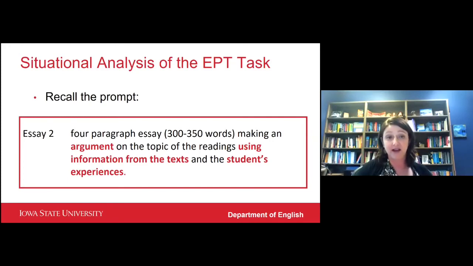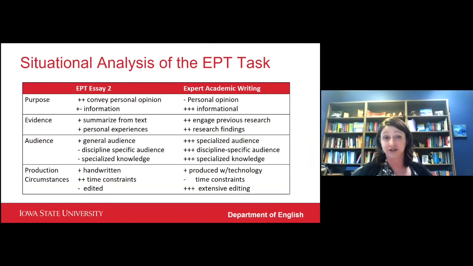But if we compare the register of the texts included in our EPT corpus and our target register, academic writing, or particularly expert academic writing, we actually don't see a lot of alignment between the situational characteristics. For example, in our learner corpus, the primary purpose of that text was to convey their own personal opinion.